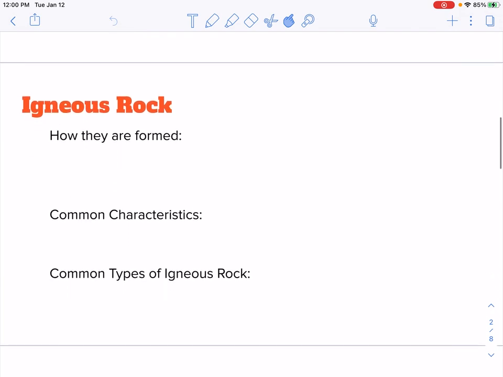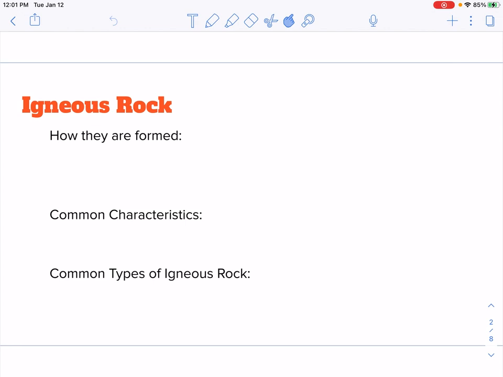Now, igneous rock is what is formed when liquid rock, which is magma, cools. Let's talk about that for a second. Magma is what you get from volcanic activity. There are volcanoes, and there's a ton of volcanic activity under the earth.